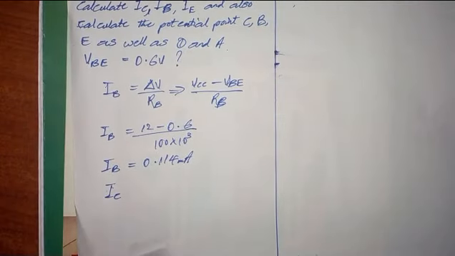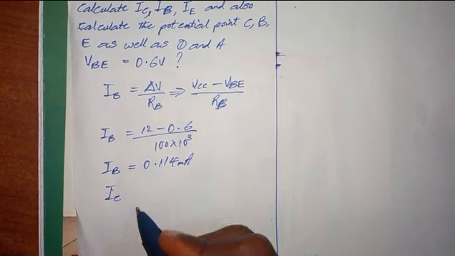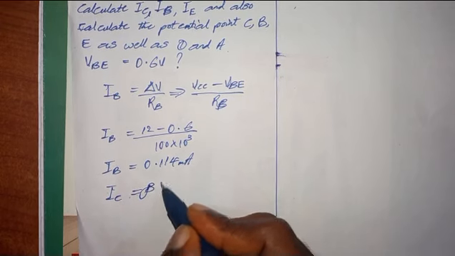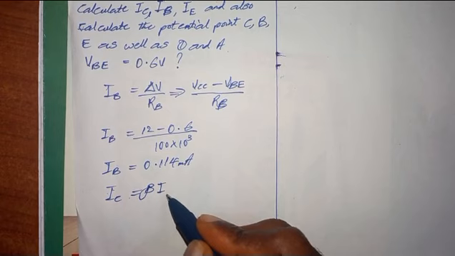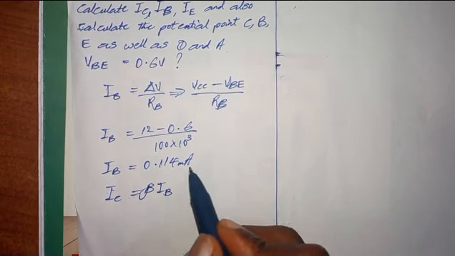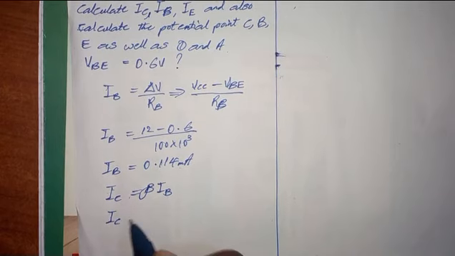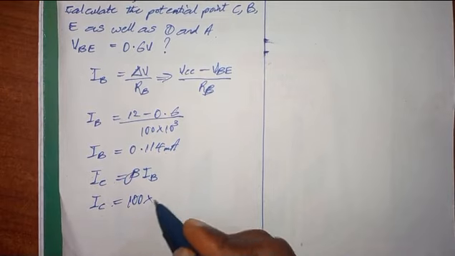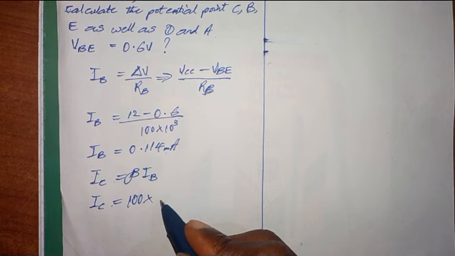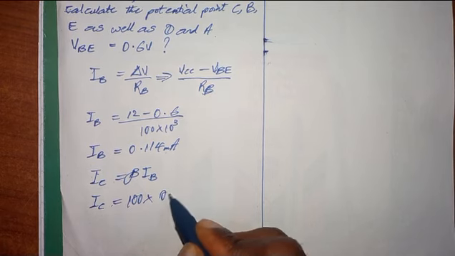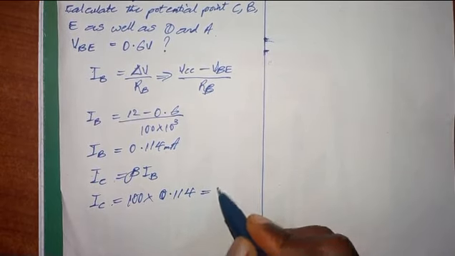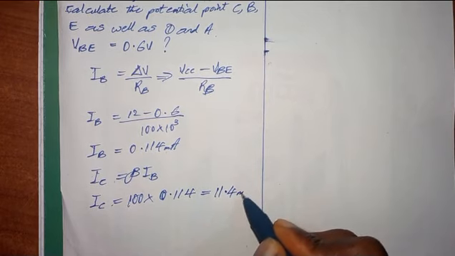The formula to solve this IC is beta multiplied by IB, and IB we just solved. So IC will be equal to beta, which was given to be 100, times IB, which is 0.114, which will give us 11.4 milliamp.